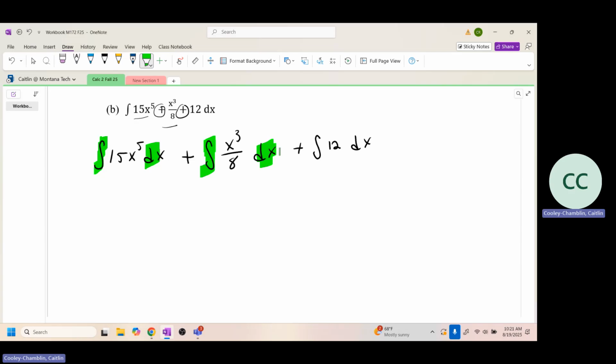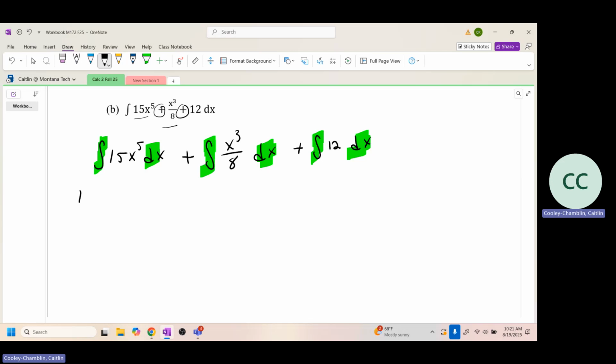Integral, dx, integral, dx. We had addition here, so I separate them all by addition, and now the constants can come out. Again, I'm just using these rules a little too much, or exaggerated, just so you can see how these rules work.